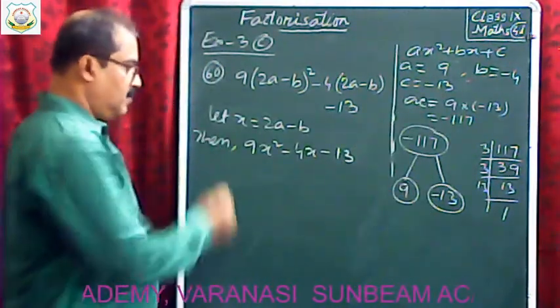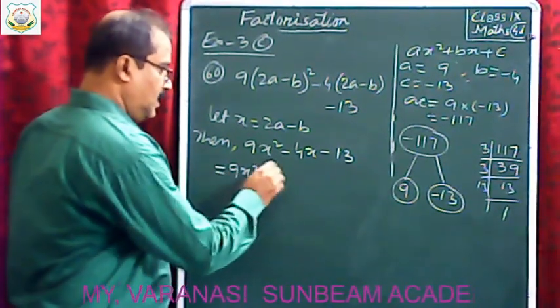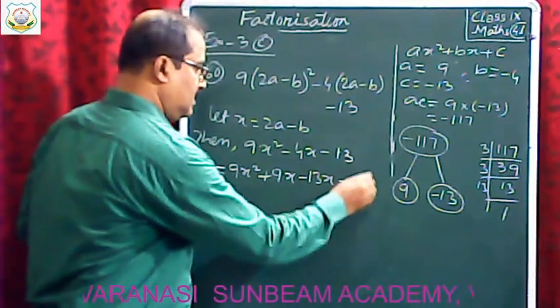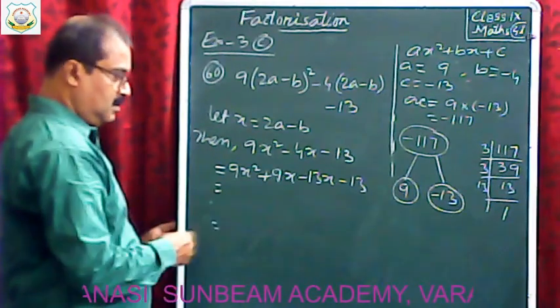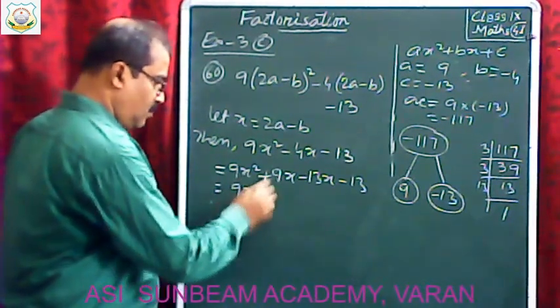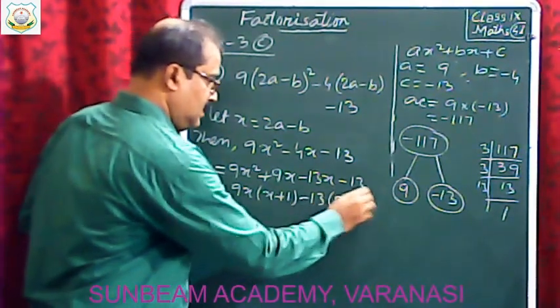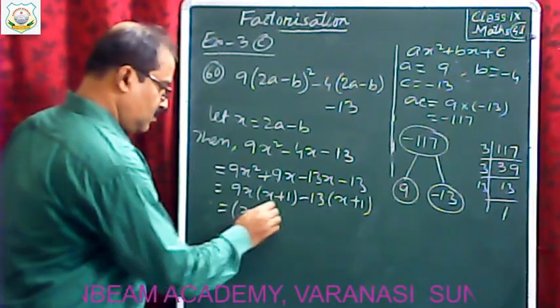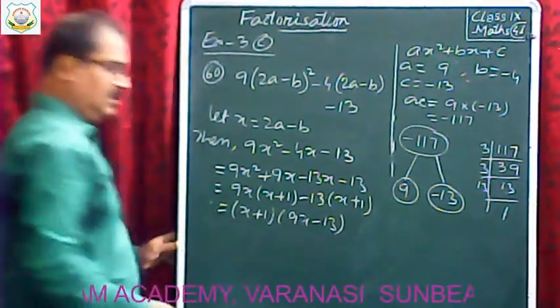And accordingly you write that it is equal to 9x square plus 9x minus 13x minus 13. Now take out common from the first and last two terms. So 9x common, x plus 1 left, minus 13 common, x plus 1, and thereafter x plus 1 and 9x minus 13 left within the bracket.